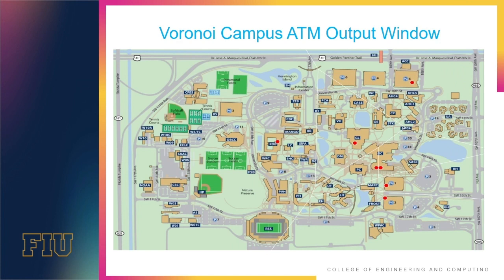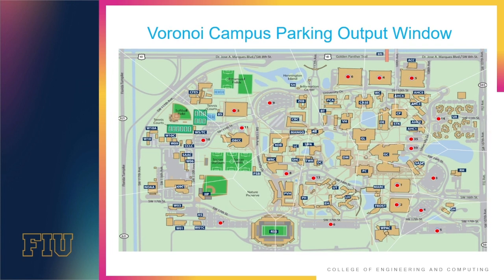Also here we see the Voronoi diagram, the most complex thing made. We see here how good the Voronoi diagram is in finding where there is a lack of ATMs on campus on the left side. And here in the Voronoi diagram of parking, we see what it is closest to a student or a person on campus based off where they are.